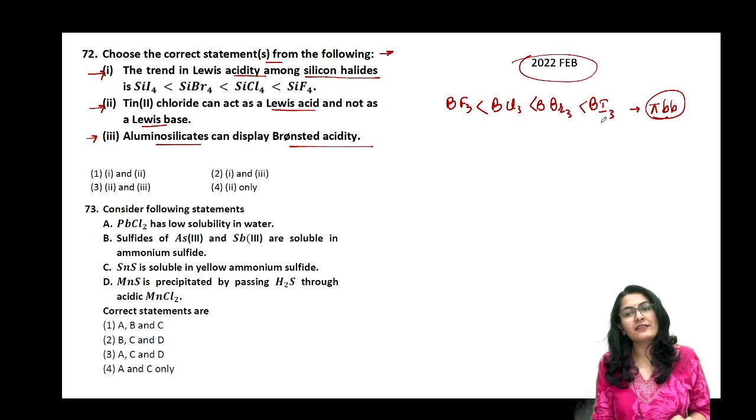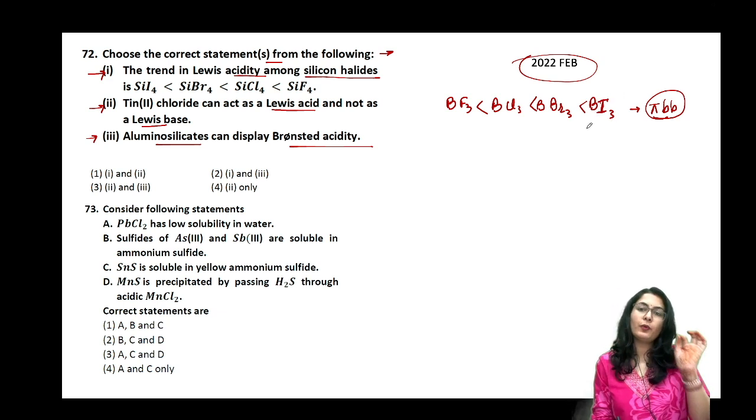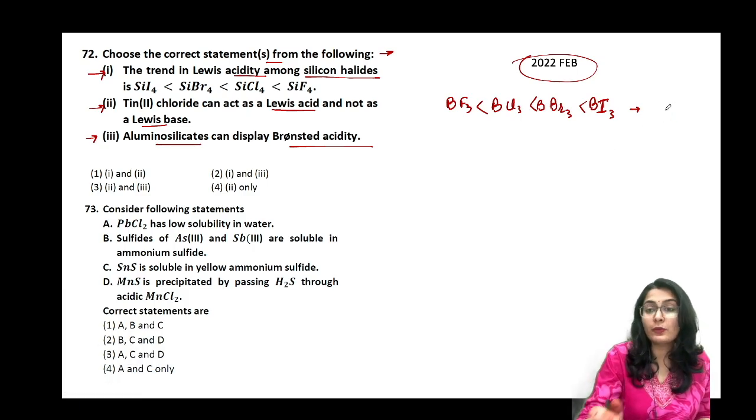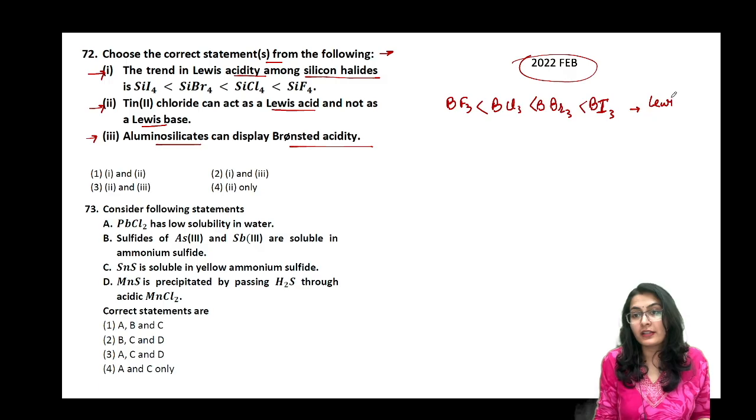And iodine does not show pi back bonding because of its large size. That's why it shows poor pi back bonding, and this is the most acidic, right? So here I am going to write, this is the Lewis acidity order of boron halides.